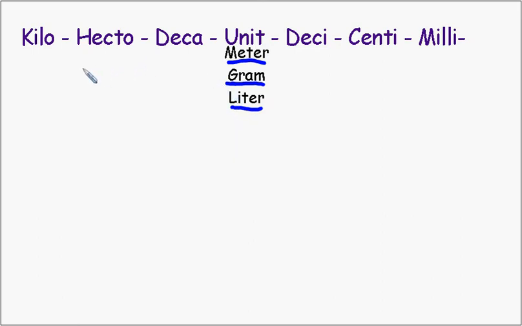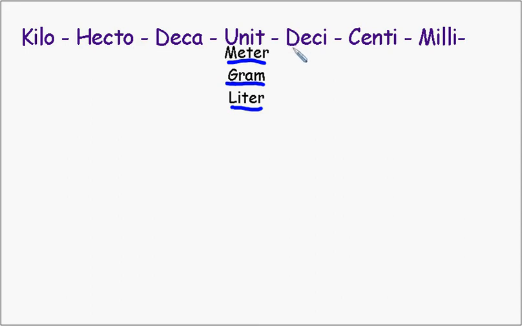So we came up with, these are the base units, and then there are prefixes for all of them. A kilo is 1,000, so a kilometer is 1,000 meters. Hecto is 100, so a hectometer is 100 meters. Deca means 10, so a decameter is 10 meters, and then the meter is the basic unit.